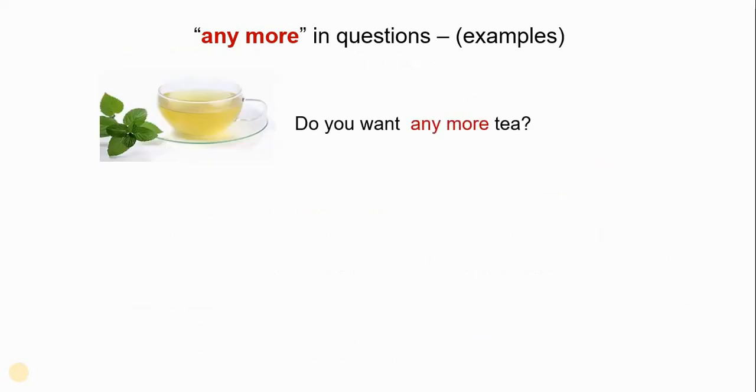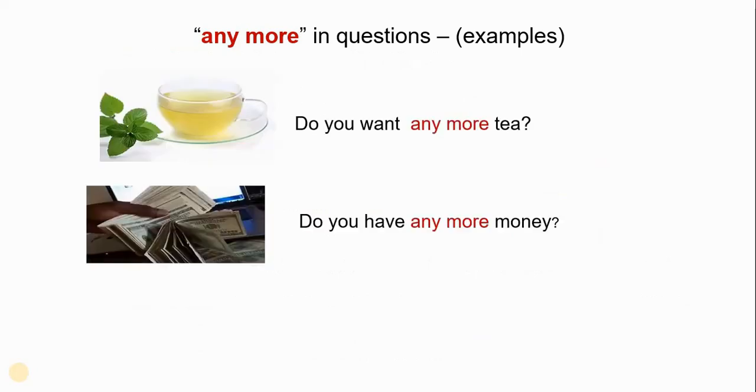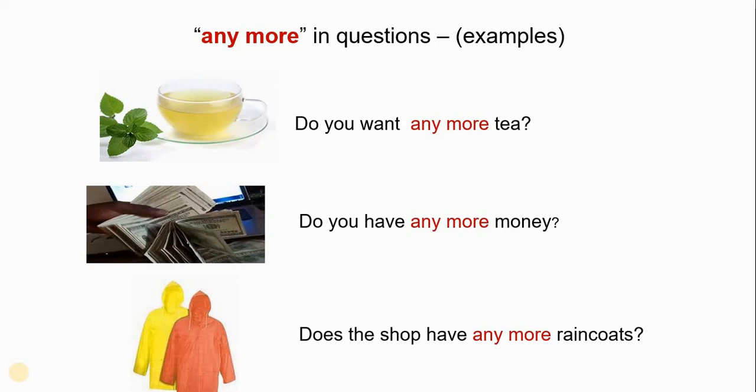Alright? Any more in questions? So I'm giving you some more examples here. Do you want any more tea? Do you have any more money? Does the shop have any more raincoats? Notice that these are all questions. Here we have a countable noun, raincoats.